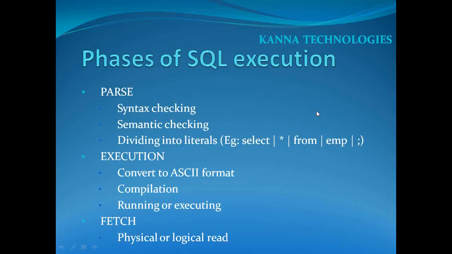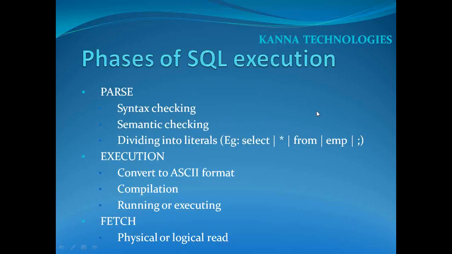ASCII is a table in which every character has a number assigned, or every number has a character assigned, and even symbols like the star mark, or asterisk, semicolon or equals to, all have some numbers assigned.